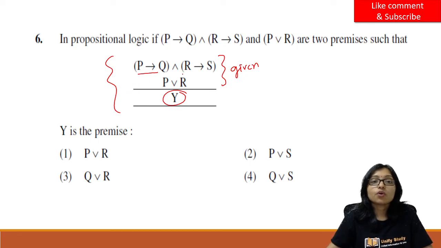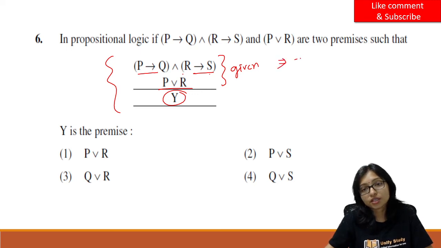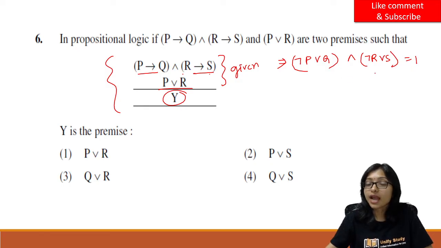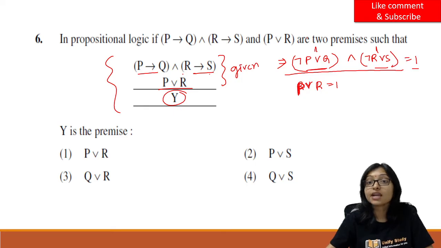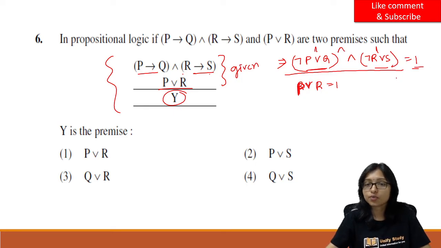P implies Q and R implies S, and it is given that P or R. That is, not P or Q and not R or S is true, given to you. And another one is given, that P or R equals 1. So see, this total is 1, which means this part also has to be 1, this part also has to be 1, because AND means only when both are 1 is it 1.